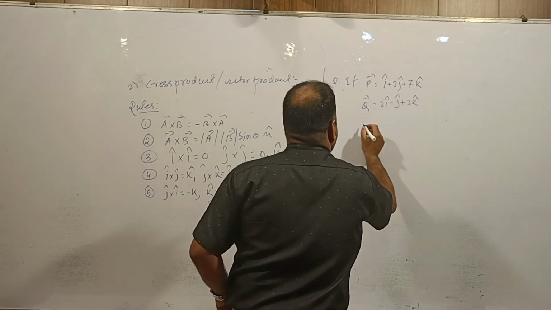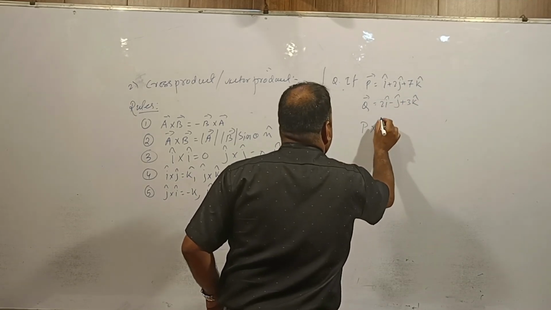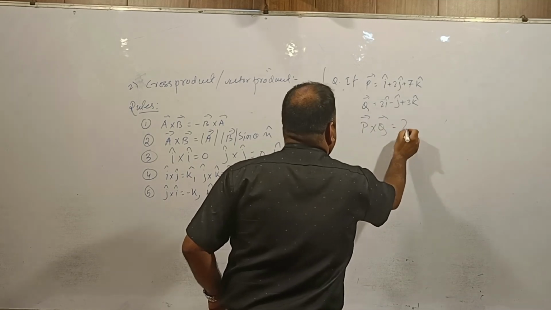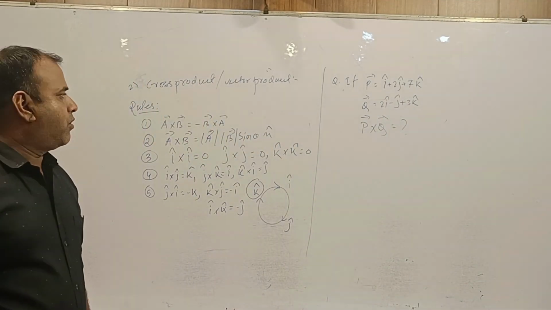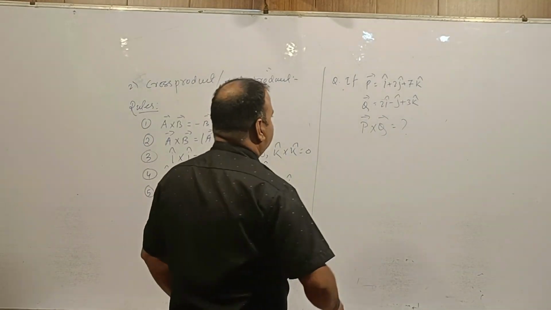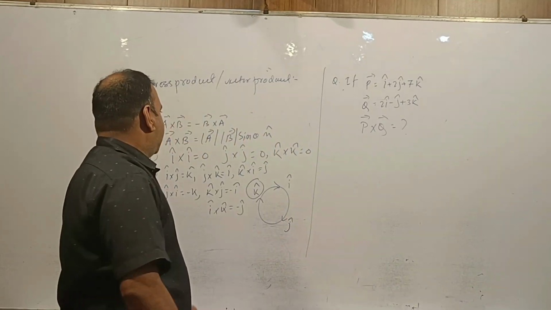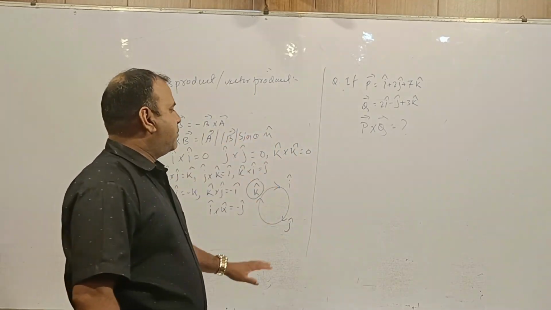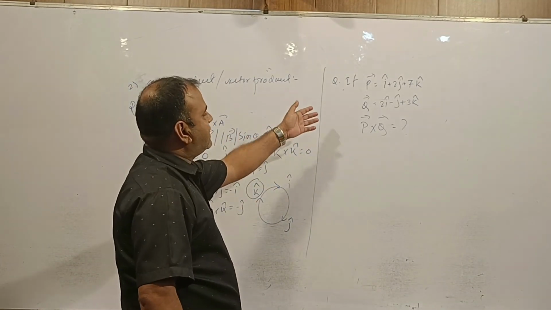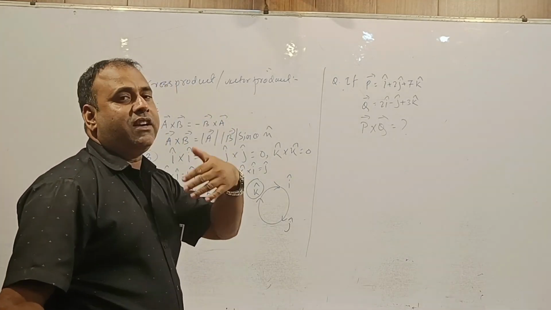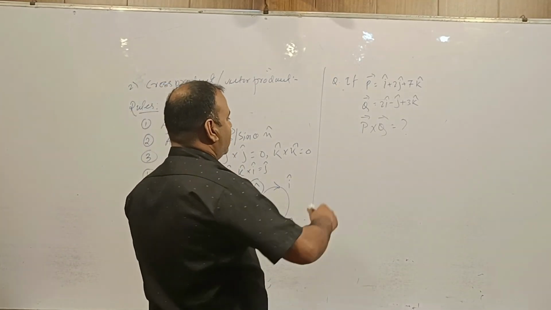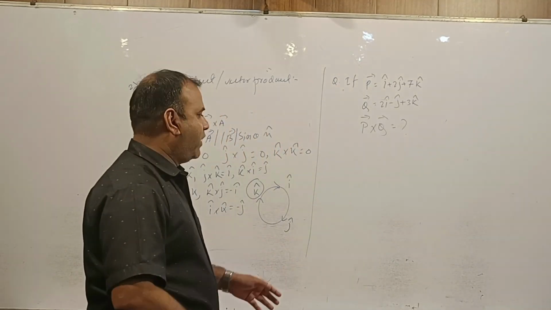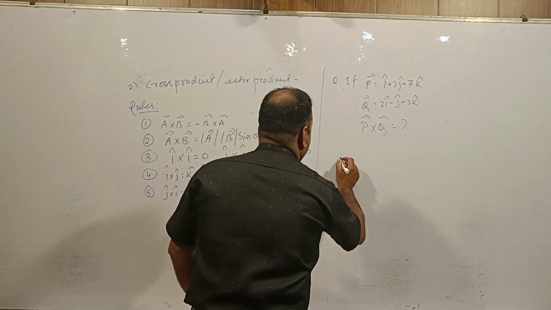So we have to calculate the value of P cross Q. That means what is the value of P cross Q? Now there is a rule. In case of scalar product, it is a very simple process, but in this case you have to remember some additional process. But I am trying to give a simple way. So first you see P cross Q.